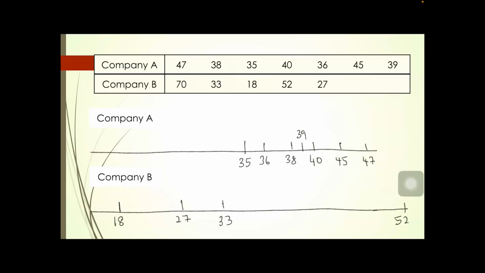For example, I have the ages of the workers in company A and company B. If I plot the information on this line, you can see that employees at company B have a much larger variation of age compared to company A. Both companies have the same mean age of workers, which is 40 years old.